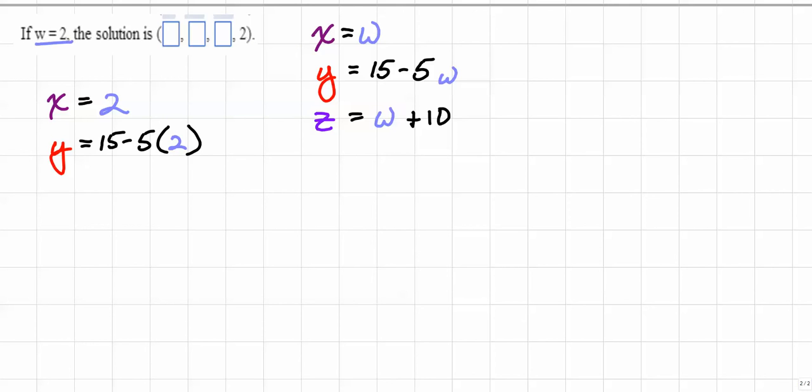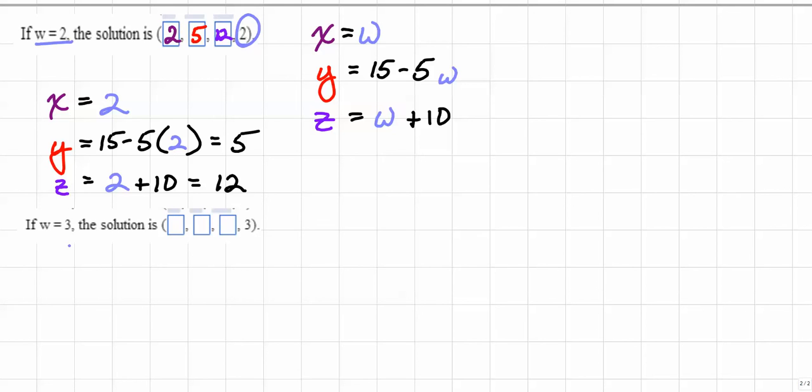And Z will be equal to 2 plus 10. So this right here will be equal to 15 minus 10, which is 5, and this will be equal to 12. So that means that X is 2, Y is 5, Z is 12, and W is 2.